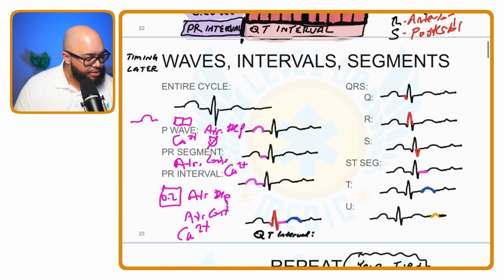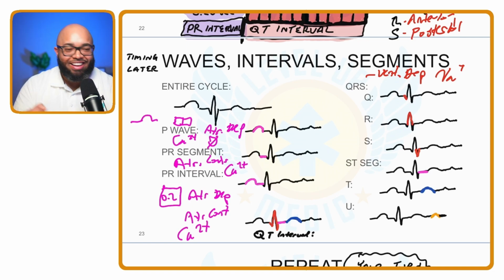So the QRS, let's change that color. The entire QRS represents ventricular depolarization, electrolyte, sodium. But we have a Q, then we have the R, and we have the S. The Q, we said this already, represents what?